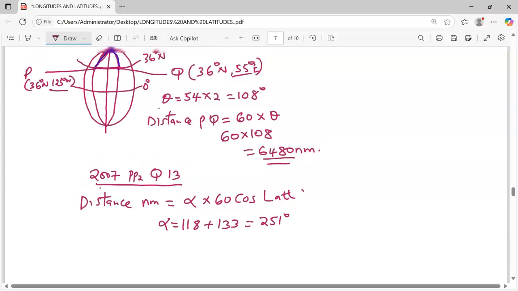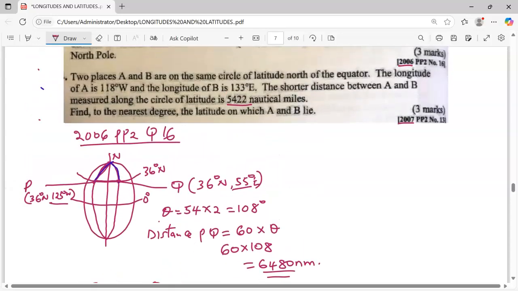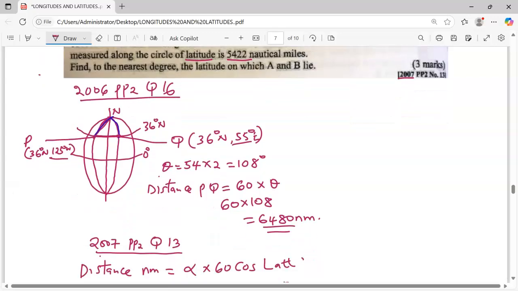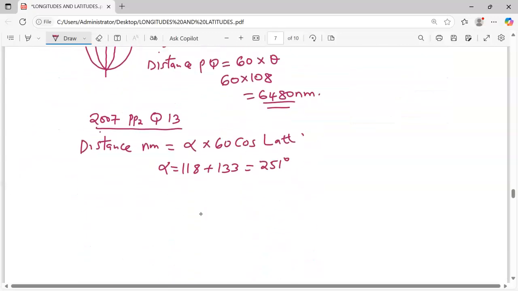But we have been told that the shorter distance between A and B was measured along the circle of latitude. And for us to get the shorter distance, we are going to use an angle of 360 minus 251, giving us 109 degrees.